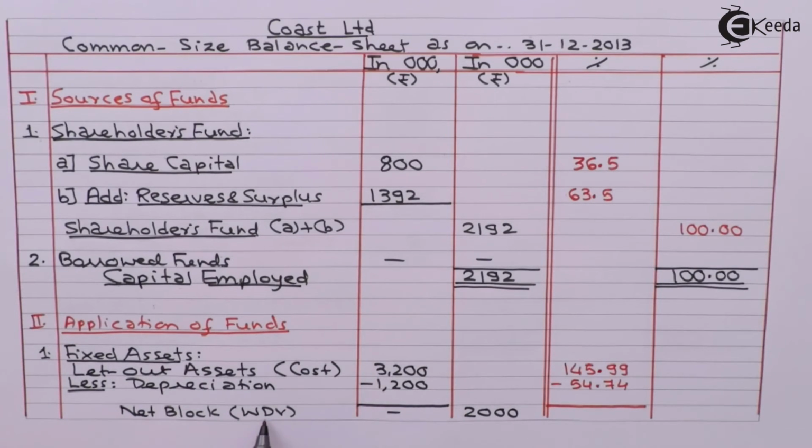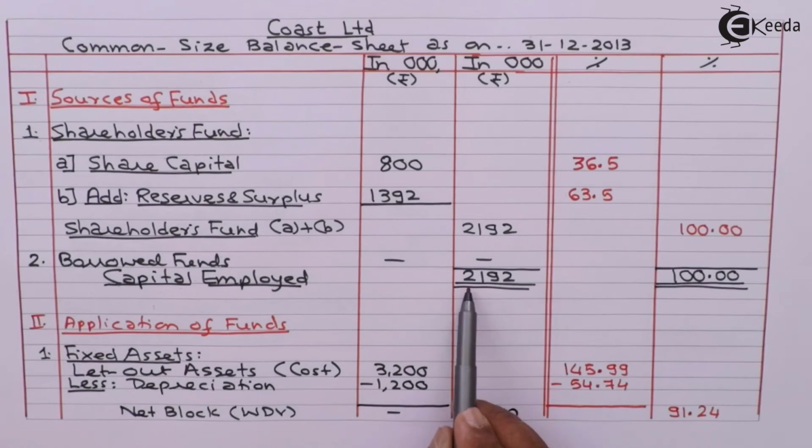Net block WDV 2000. Net block 2000 divided by capital employed 2192 multiplied by 100. So it is 91.24%.